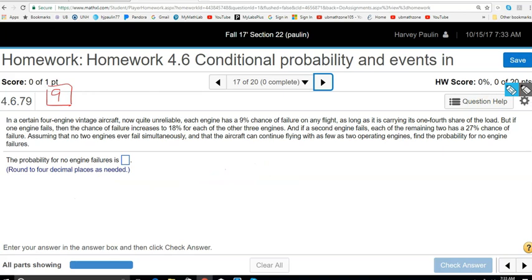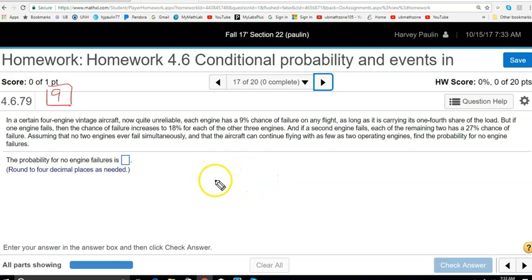In example 9, again, a rather long paragraph. So take a moment to read it and keep thinking of the complement. That's going to be an important element in solving this in sort of an easy way.